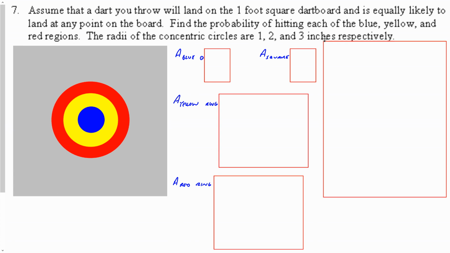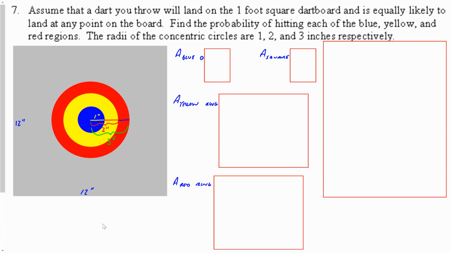So we do need to make sure we look out for that, and we notice we have to have the same units. So when I label my diagram, notice I've changed the length of the two sides of the square from 1 foot to be 12 inches. So everything is in the same units.